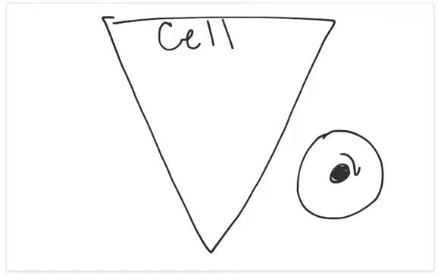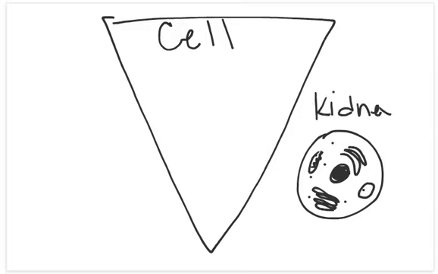With maybe some endoplasmic reticulum, some ribosomes, some Golgi complex, maybe a vacuole. Sure, why not? Mitochondria. Why not? Okay, this is an individual kidney cell.